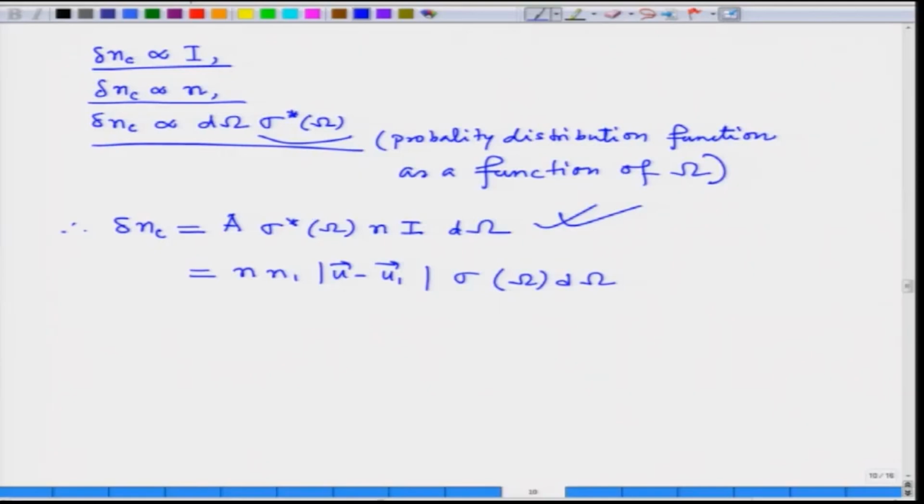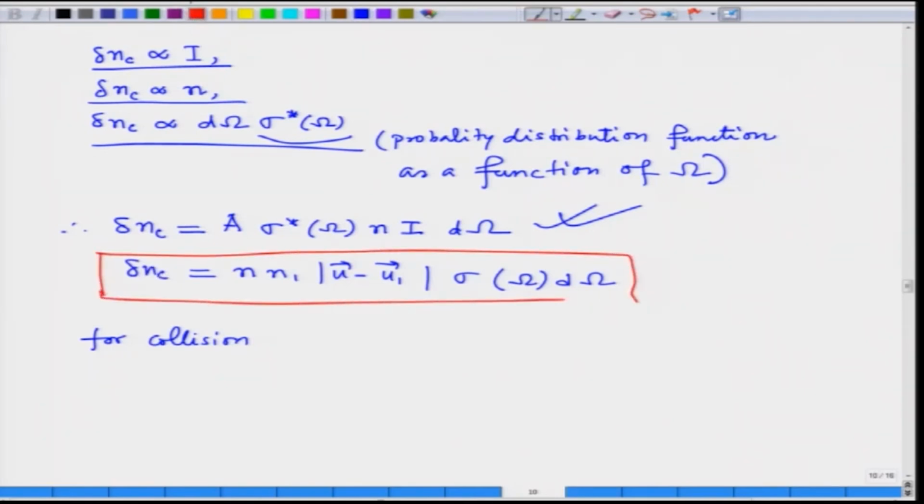Now, finally, our goal is to derive the Boltzmann equation for collisional systems. For collisional systems, the first physical thing we have to think about is F. Let me first put this result within a rectangle.